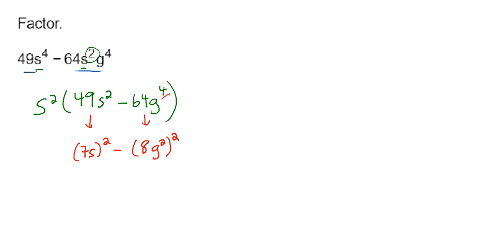All right, so now this matches up pretty well with our formula of a squared minus b squared, except instead of a, I have 7s, and instead of b, I have 8g squared. So I will use my formula to factor this.